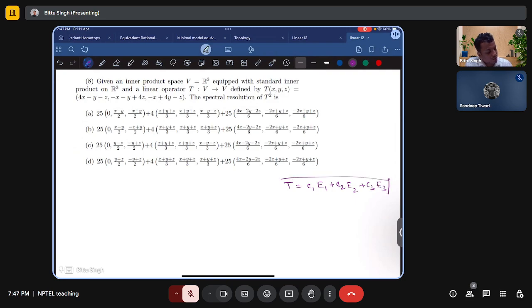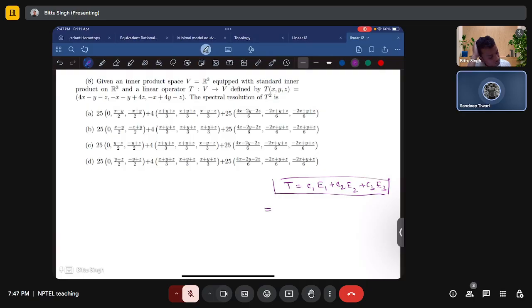This is actually called spectral resolution of T, where Ci are distinct eigenvalues, and Ei are those projections. So T square is C1 square E1 plus C2 square E2 plus C3 square E3.